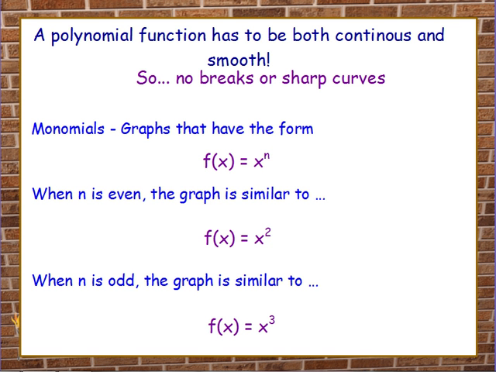Okay. So the polynomial is kind of like the big term over a bunch of things, but we have some smaller terms. The first one is a monomial. You guys ever seen that word before? Monomial. Does anybody know what it means? It just means one. Mono means one.